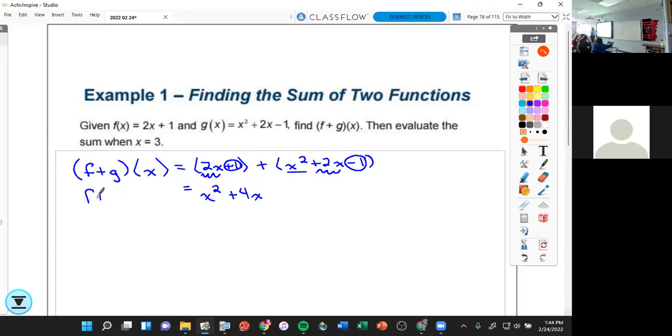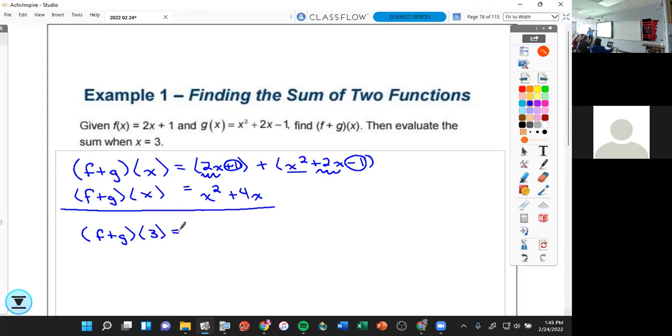So f plus g of x is equal to x squared plus 4x. Now, I'm going to write this down the way you're likely to see it in the future. To evaluate this when x is 3, what I'm asking you is this. I don't want to know what f plus g of x is. I want to know what f plus g of 3 is.